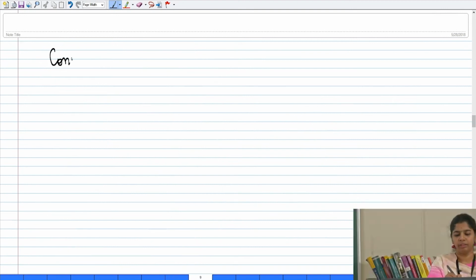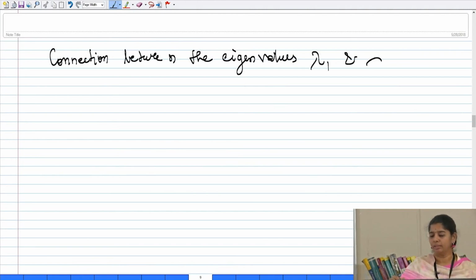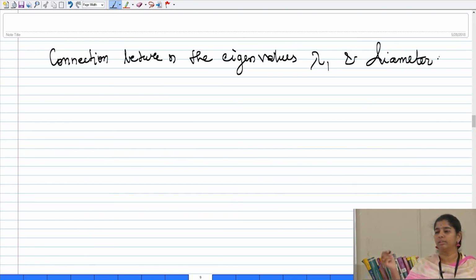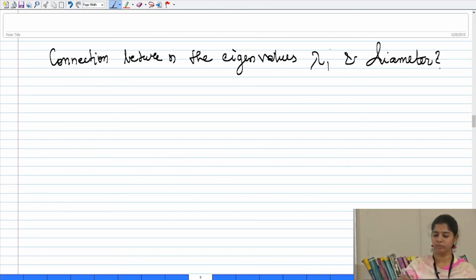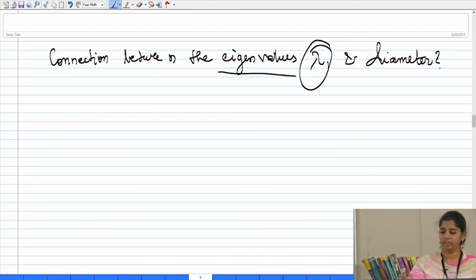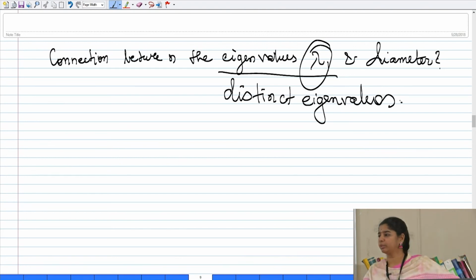So, what is the connection between the eigenvalues, in fact the largest eigenvalue is what I am bothered about, lambda, and the diameter of the graph? Or in fact, even if this is going to be very difficult to see, let me just rephrase it. We will get back to this a little later. If you look at the number of distinct eigenvalues, that you can now connect immediately, right.